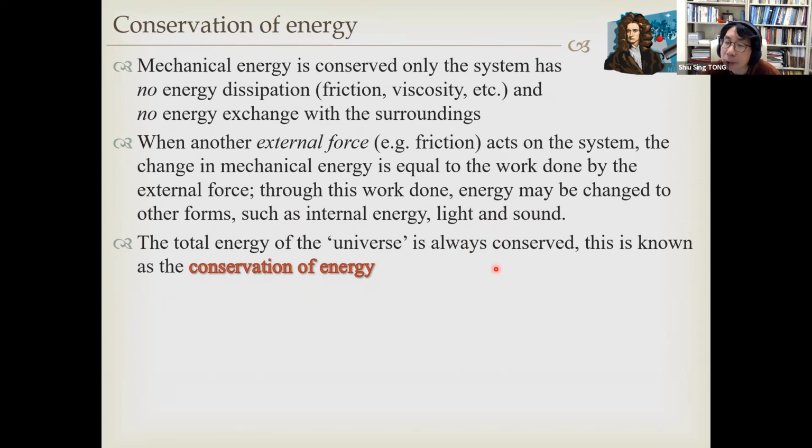But the energy has only changed to another form. It does not disappear. It does not annihilate. It is always there, it just goes to another form. So the total energy in the universe is conserved, and that is known as the principle of conservation of energy.